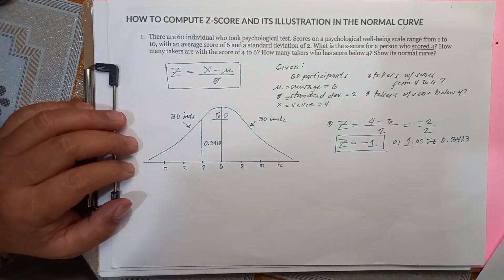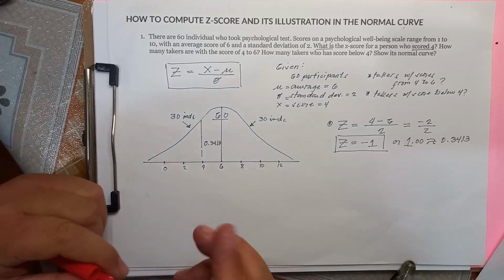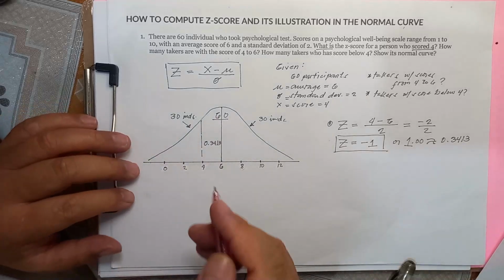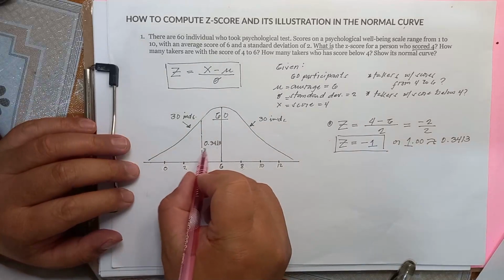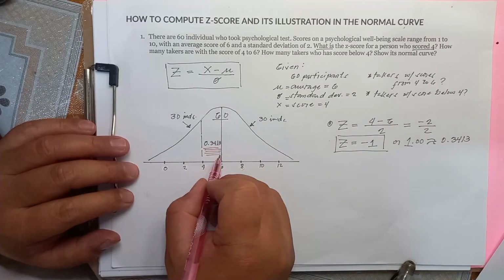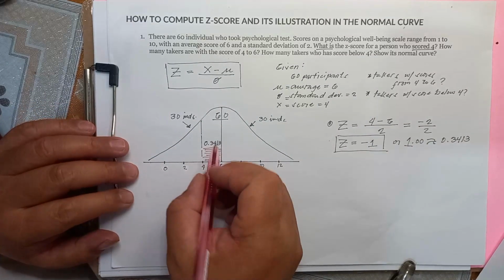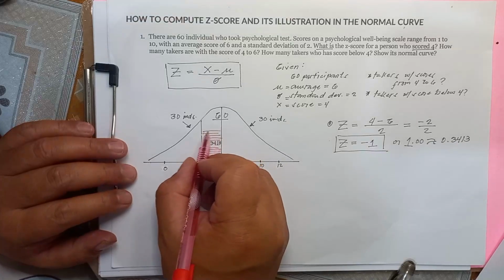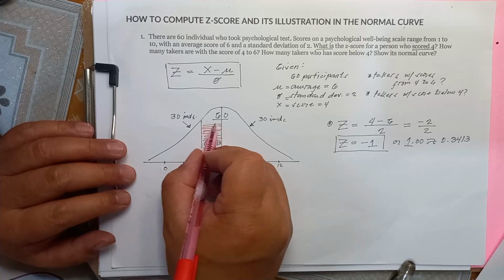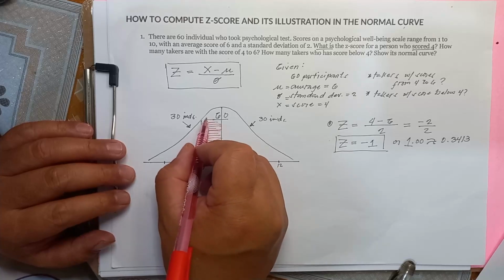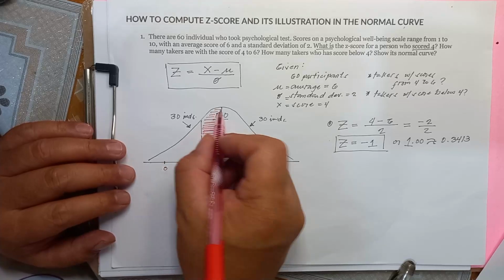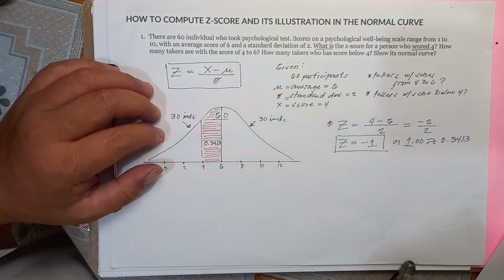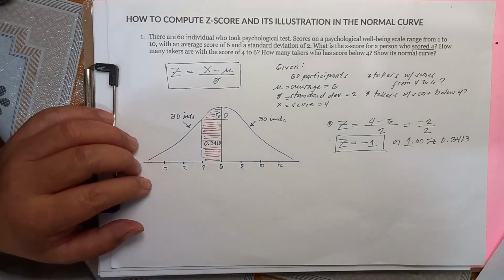Meaning, if we are going now to answer the question how many students, we have to understand that this value 0.3413 is considered to be a probability or area which is to be converted into percent.